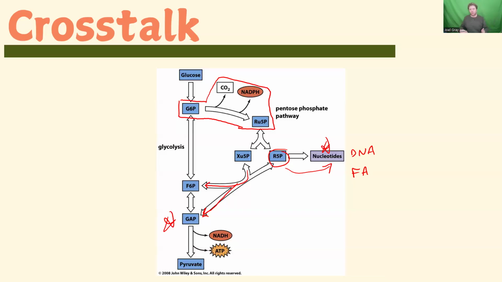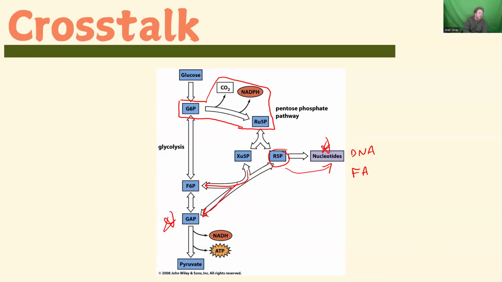Which is another illustration as to why it's framed and presented as, well, glycolysis is priority and pentose phosphate is secondary. But that's just because the literature and the results on experiments done with these enzymes supports that idea. So what I want you to know is where glucose 6-phosphate is with respect to the pentose phosphate pathway. I also want you to know about how the pentose phosphate pathway can hook back up with glycolysis.